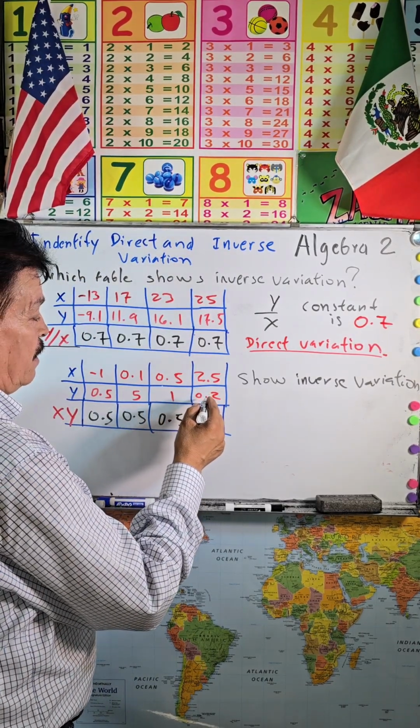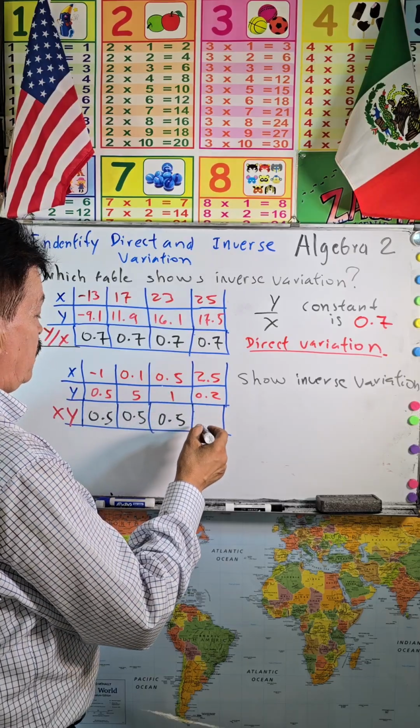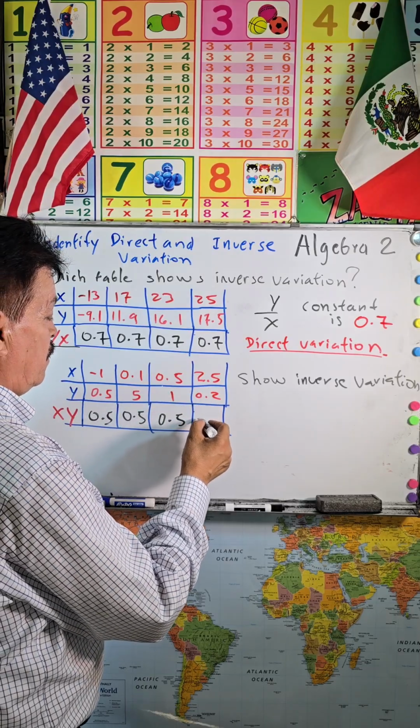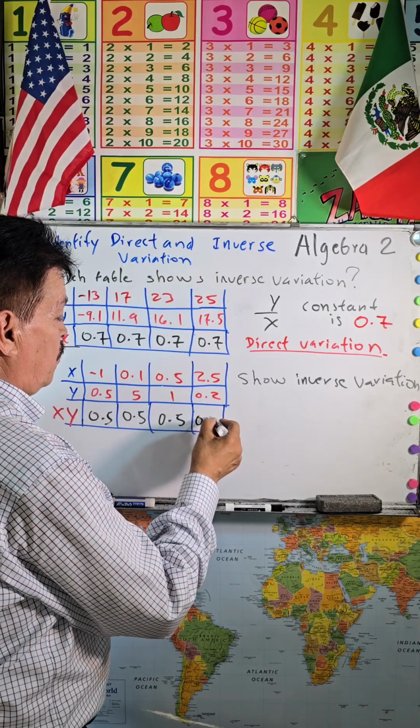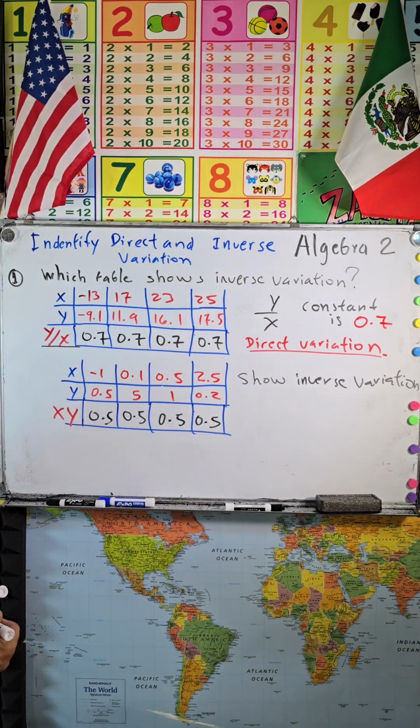This is also 0.5. But here it is not division; here we are multiplying, what you see. Oh, but it's the same constant, right? So the second table shows the inverse variation, right?